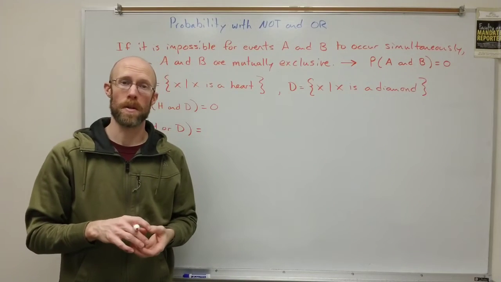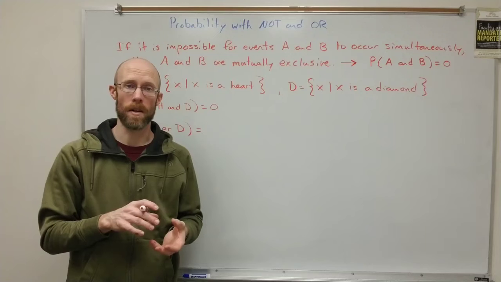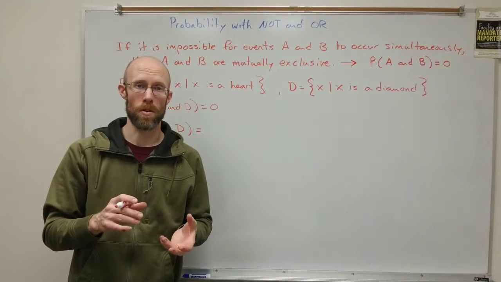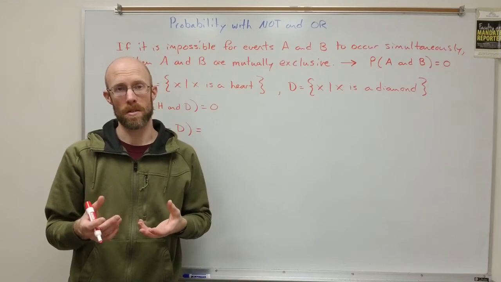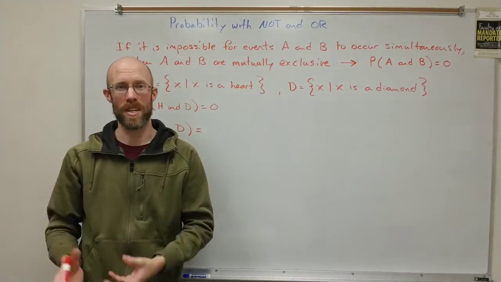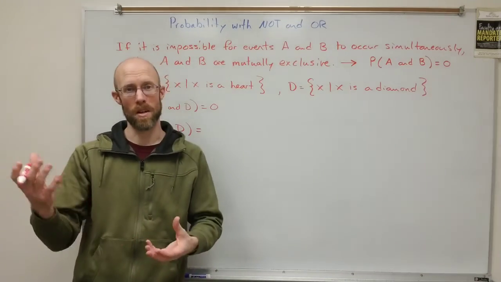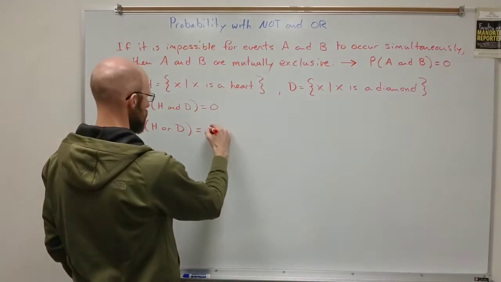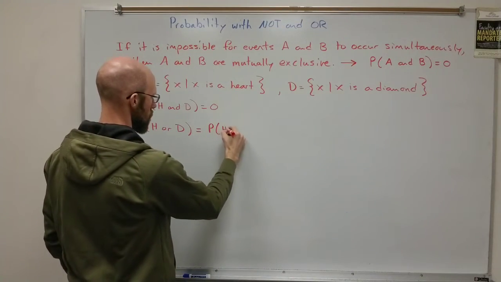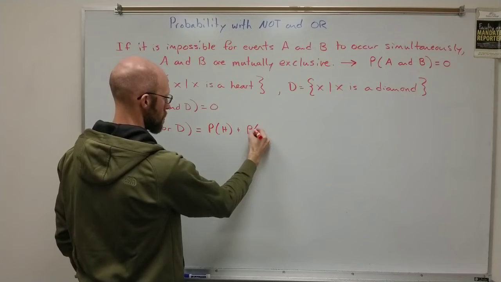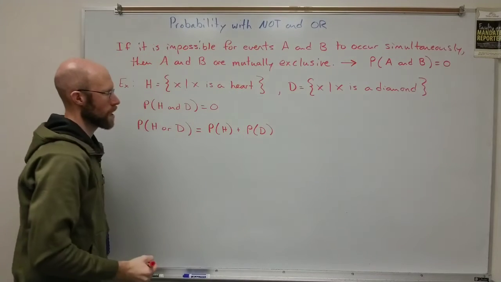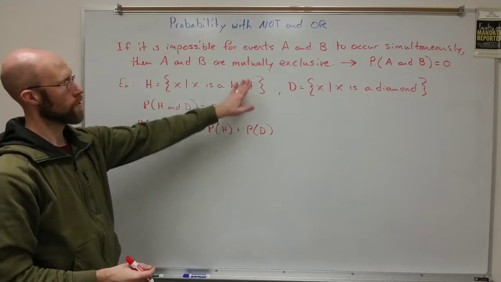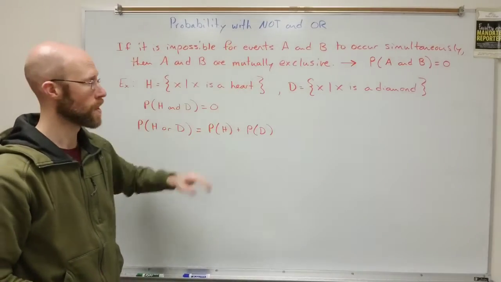So if I want the probability of getting a heart or a diamond, that's 1/4 plus 1/4, which is a half. Kind of makes sense because the red cards are half the deck and the black cards are half the deck, and this would be the total of red cards, right? So the probability is equal to the probability of H plus the probability of D. Again, this is true for mutually exclusive events.